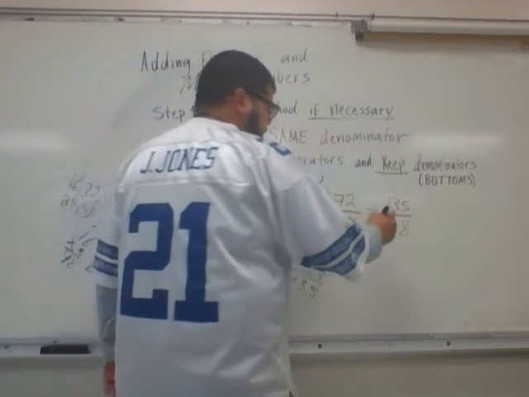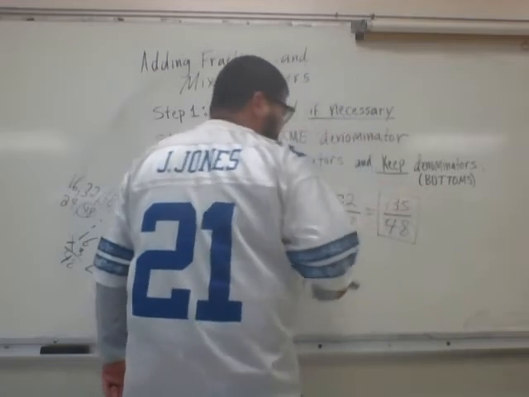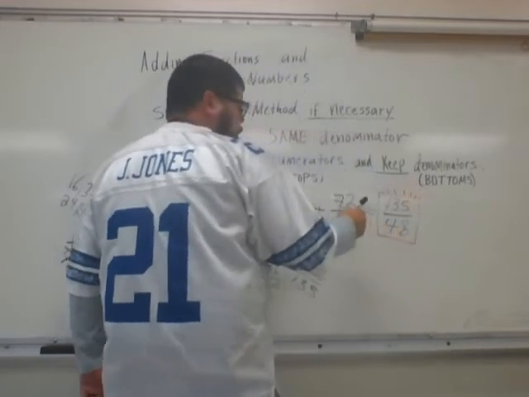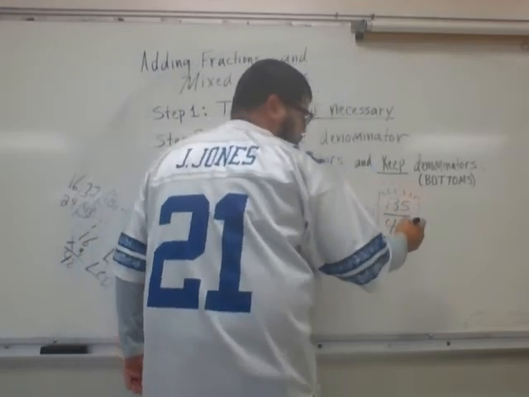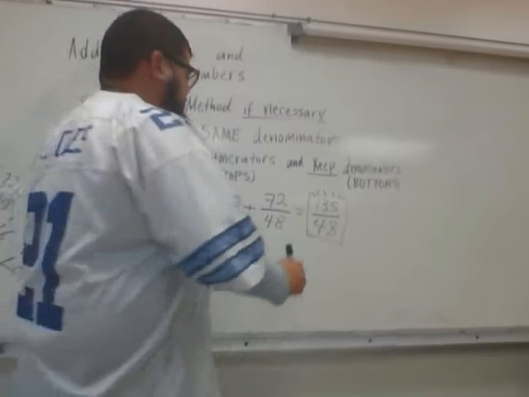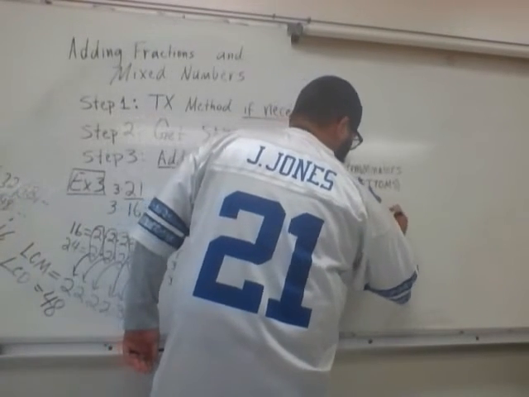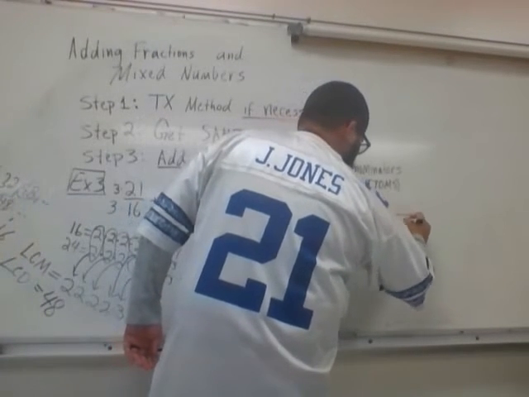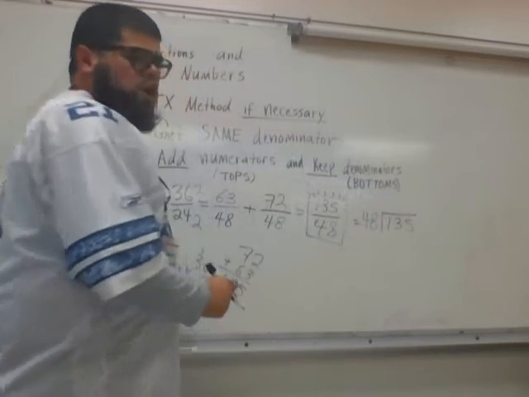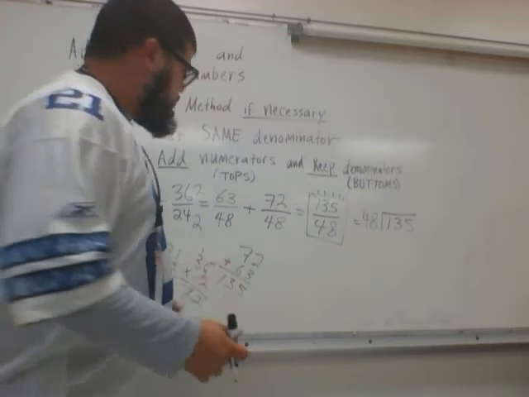Let us go ahead and turn it into a mixed number by dividing. 135 is getting rained on. Where does it want to go? Let's scoot this over. It wants to go inside. 135 on the inside, 48 on the outside. How many times will 48 go into 135? Let's figure it out over here.